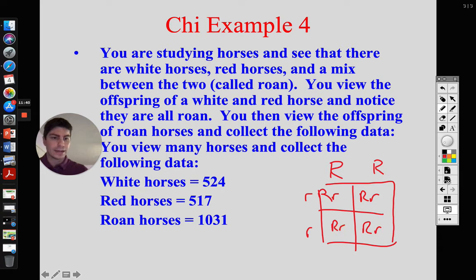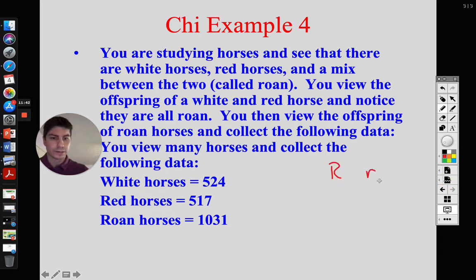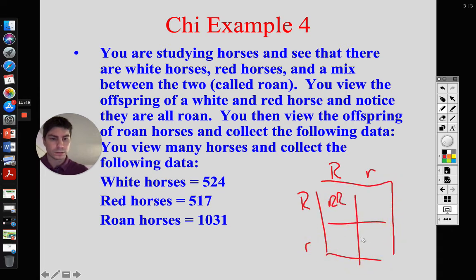Then after that, we mixed two of those offspring together, and we noticed that we got this.